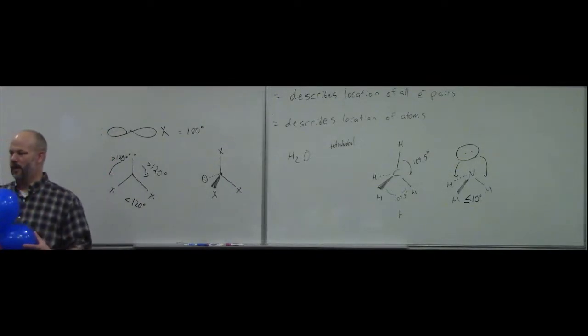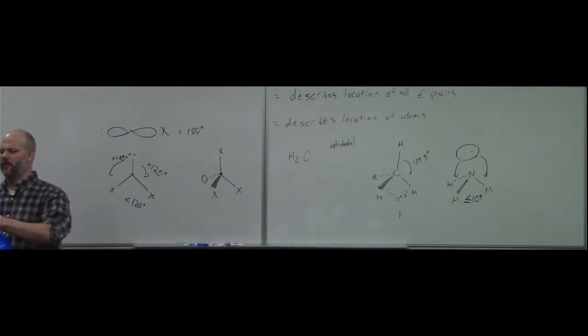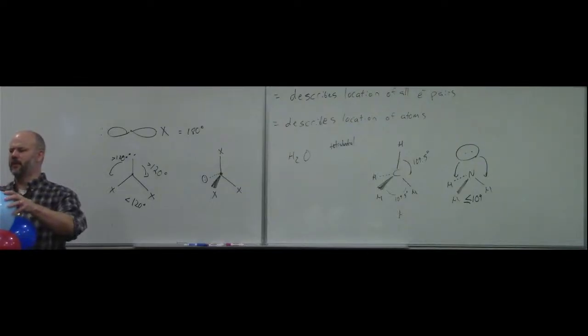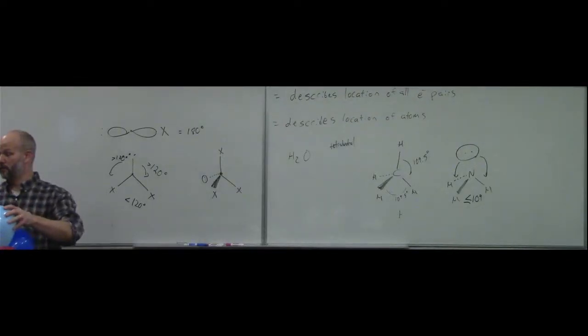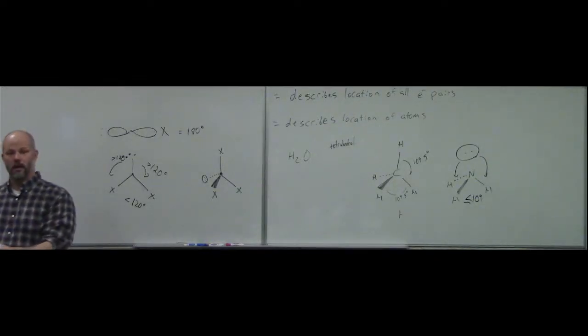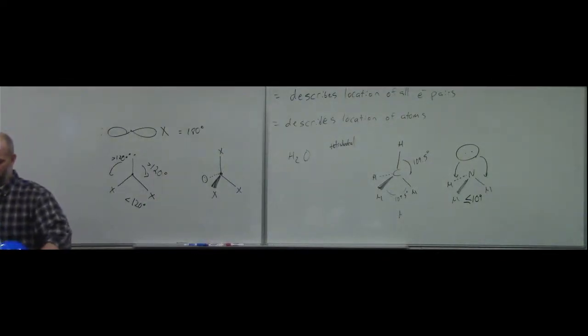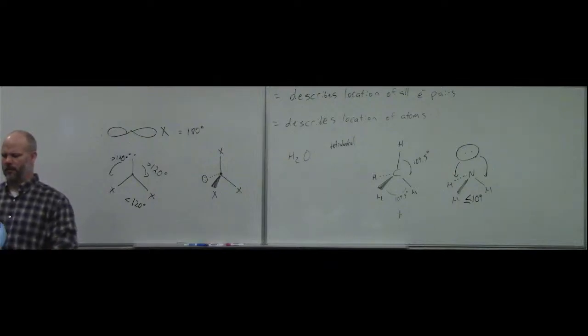I want this to be my unbonded pair. If my unbonded pair is here, then the angle between these and any other one is 90 degrees. If it's here, then it is 120. So it cannot be on the axis. It must be in the plane, right? So let's shift that somehow, make it in the plane.